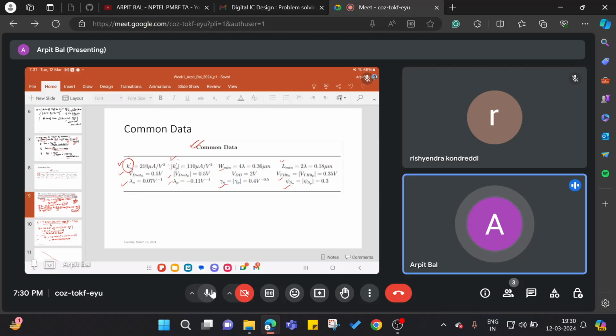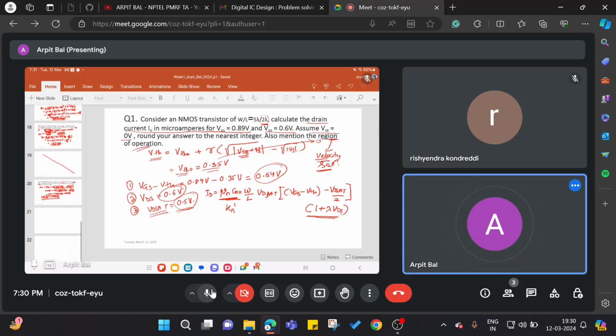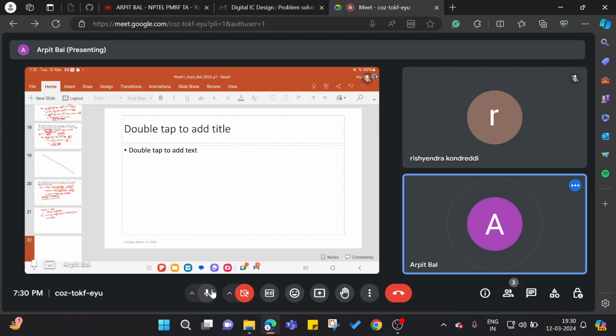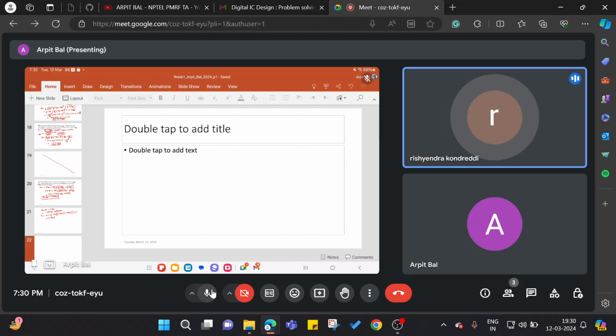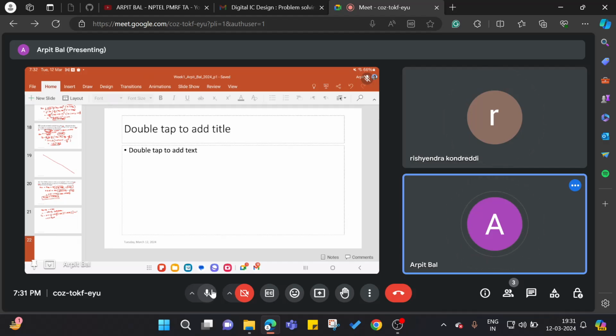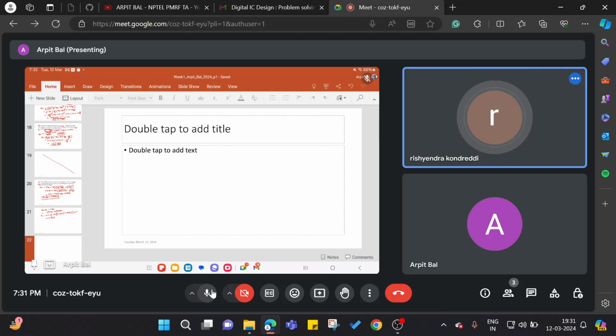Which second order effect? Do you have any effect in particular that you want to know? Sir, I would like to know about subthreshold swing and velocity saturation.